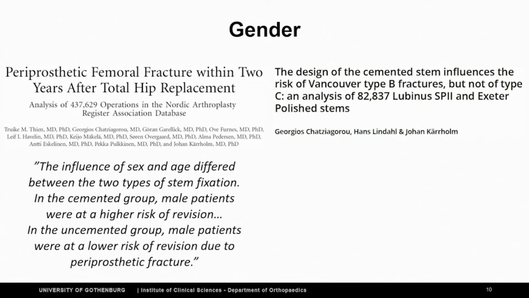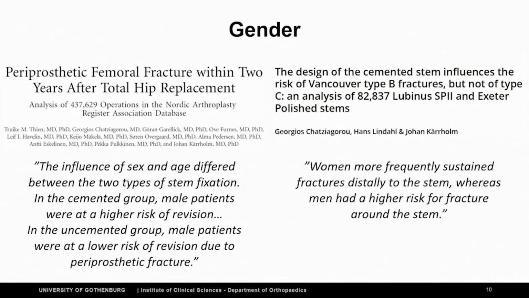The other study, which analyzed the two most common cemented stems in Sweden, showed that men had a higher risk for fractures around the stem, while it was more common for women to suffer fractures distal to the stem. A probable reason for this difference is explained in the first study, where authors noted an interaction between age, gender, and type of fixation.